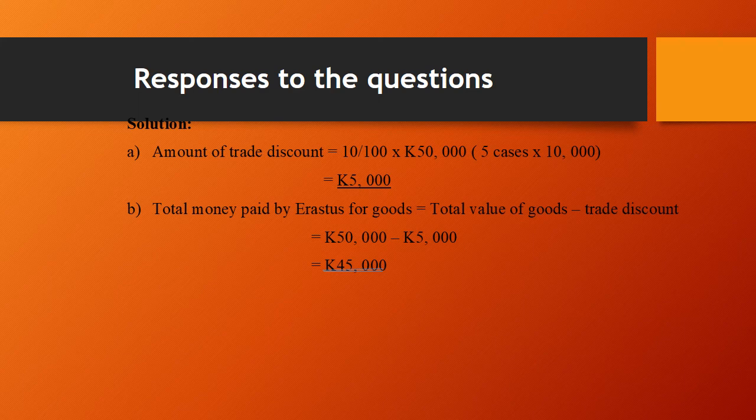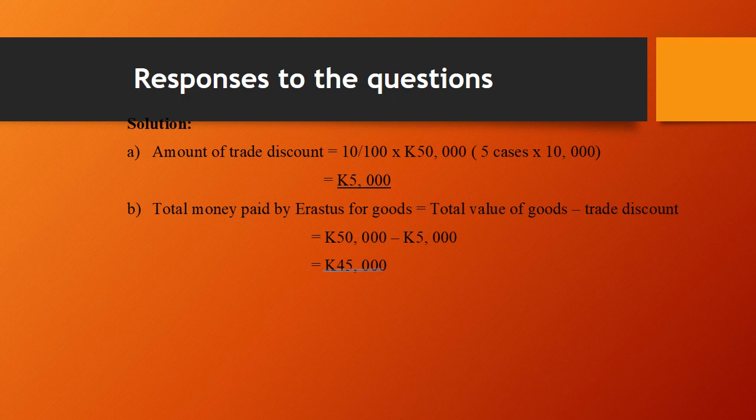To find the discount that was given, which is 10%, we have to divide 10 by 100 multiplied by the cost. This will give us 5,000 kwacha as the discount which was given to the debtor.